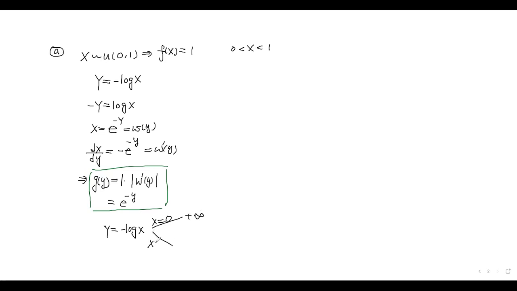When X is equal to 1, log 1 is equal to 0, so it will be 0. So I know my Y is from where to where? My Y is from 0 to infinity here. All right, so remember, like I mentioned, after you do the transformation, make sure you have the domain here. Don't forget to transfer the domain.